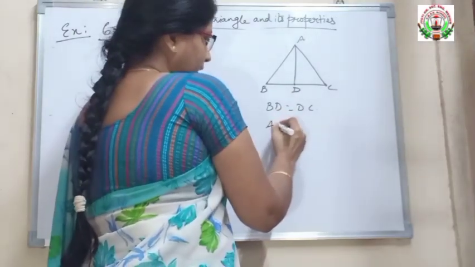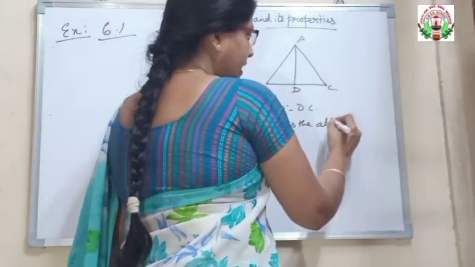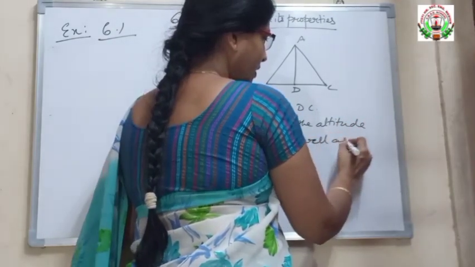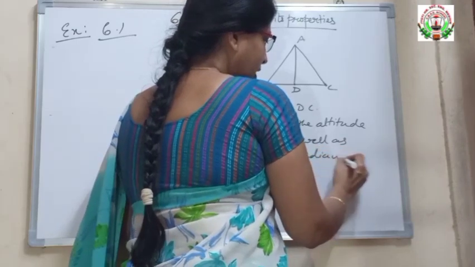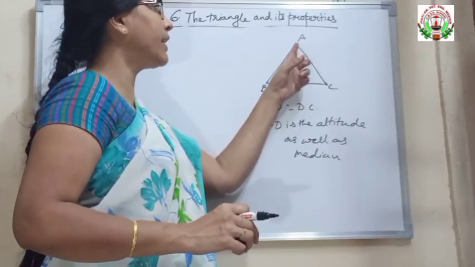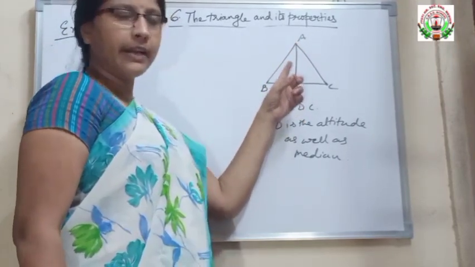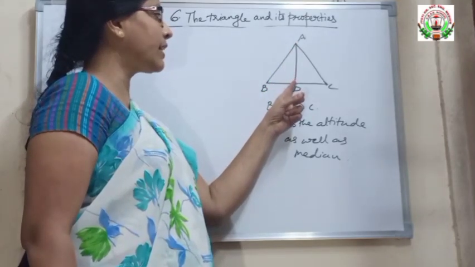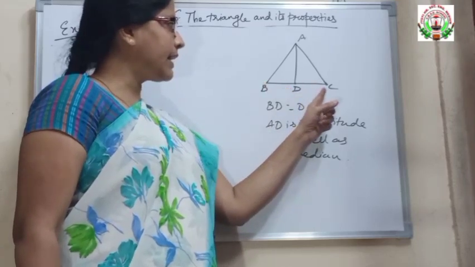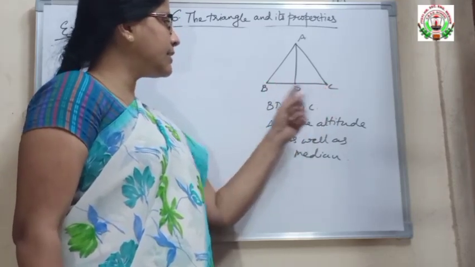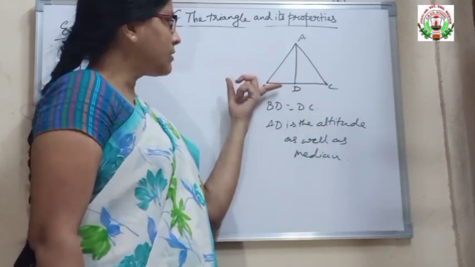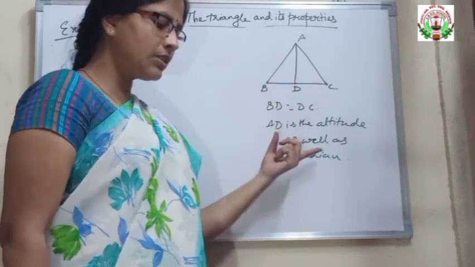So AD is the altitude as well as median also, because ABC is an isosceles triangle and two sides of the triangle will be equal. When I draw a perpendicular line segment from the vertex to the opposite side, it comes to the midpoint of the side. So BD is equal to DC and AD is the median as well as the altitude, because D is the midpoint of the side BC. So this is your third figure.